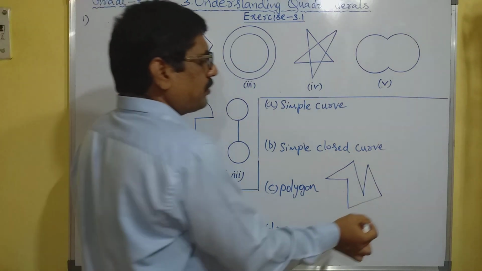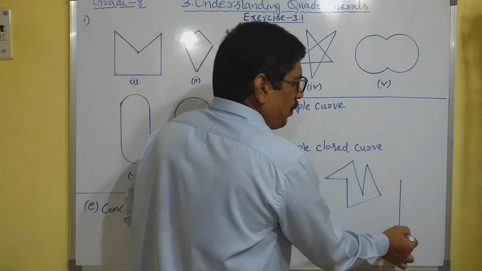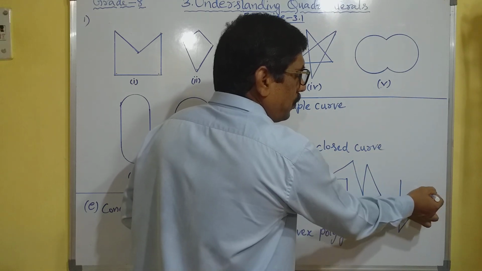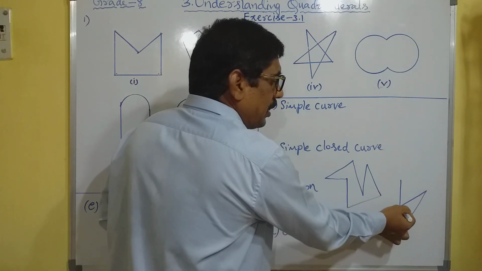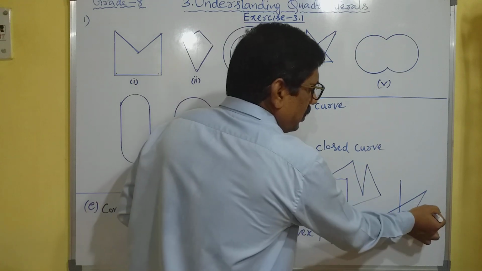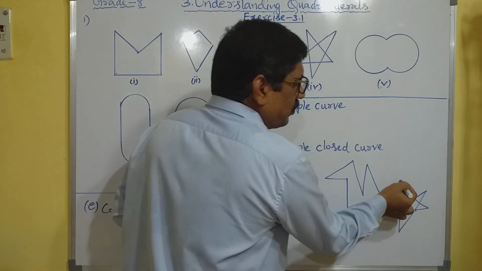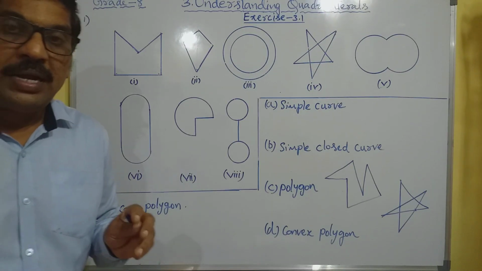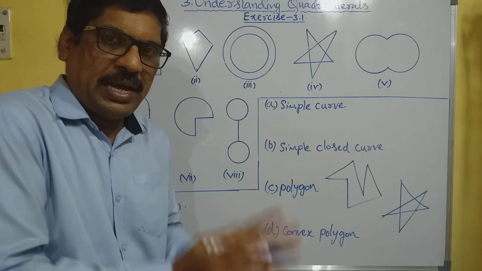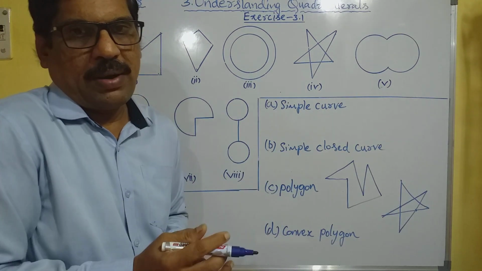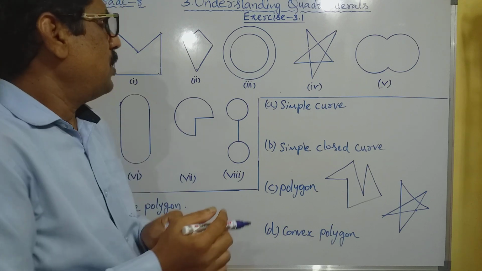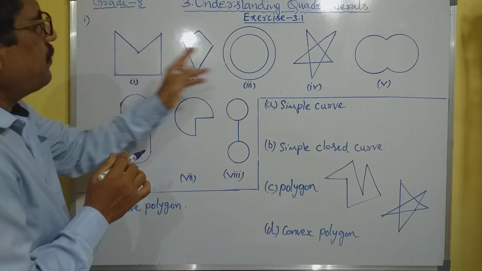Otherwise, if you start at this point and before you come to the original point, you intersect the line at any point, then it is not a simple closed figure. Why? Because it intersects the given line itself at some different points.